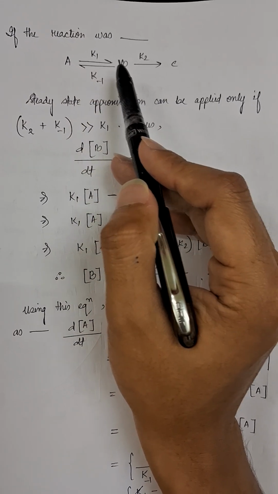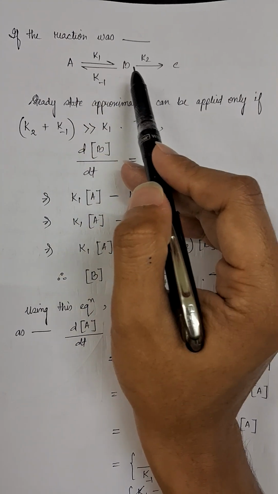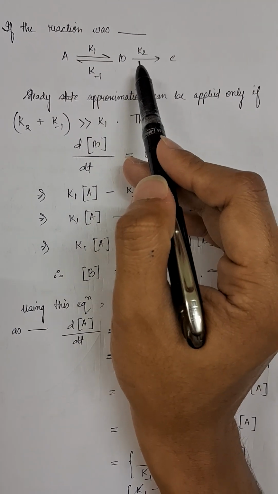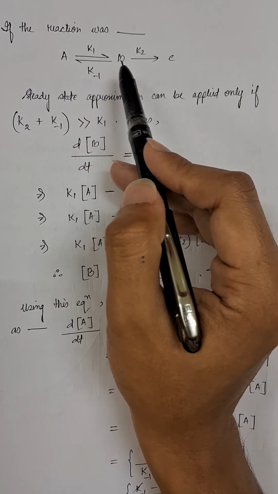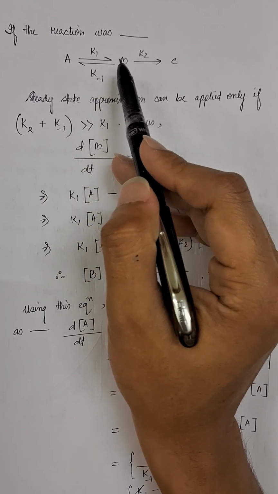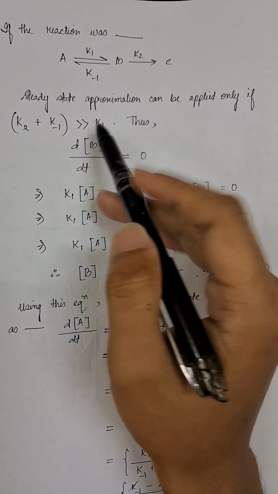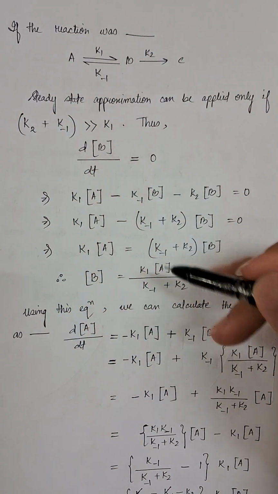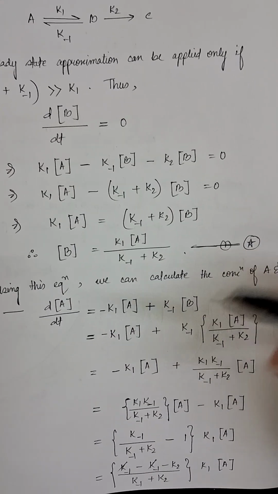K1 is the rate constant for the formation of B from A. So if the rate at which B is decaying, in either direction, is much greater than the rate at which it is forming, then we can use the steady state approximation. We can use this equation to find the concentration of B, and then use this equation to find the concentration of A.